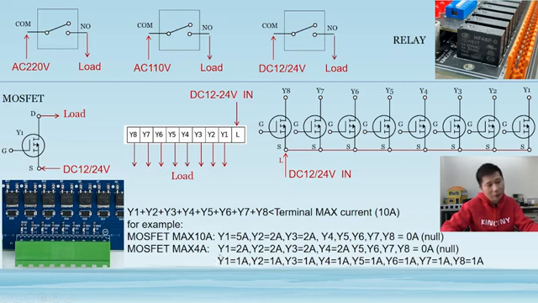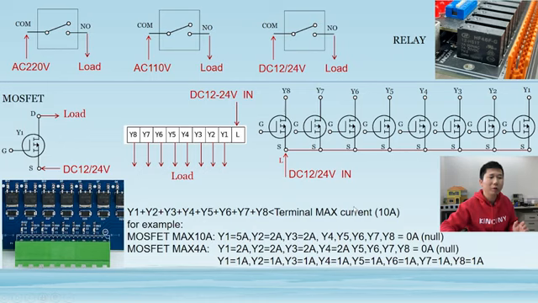And next, the third case is Y1 until Y8 all at 1 ampere. This added together is also 8 ampere, which is less than 10 ampere, so it is also okay, no problem. So compare these different currents together, just to make sure you are less than this terminal max current.